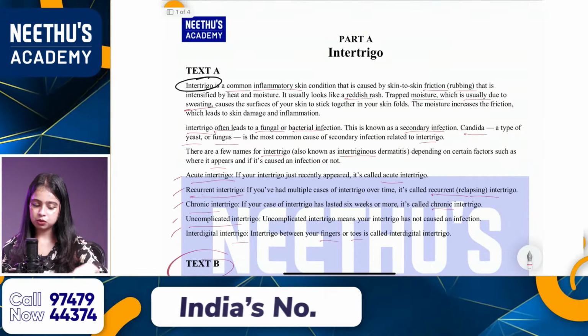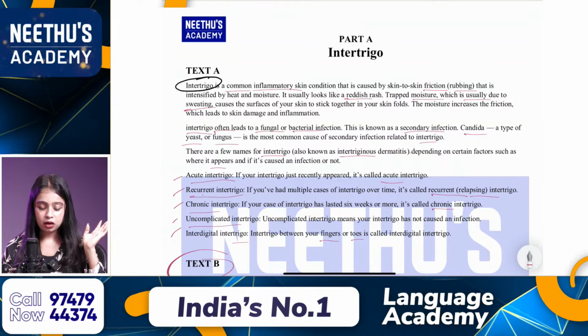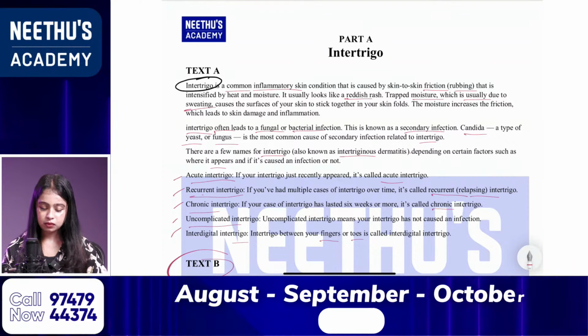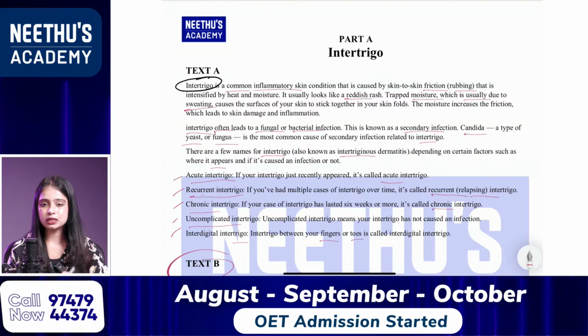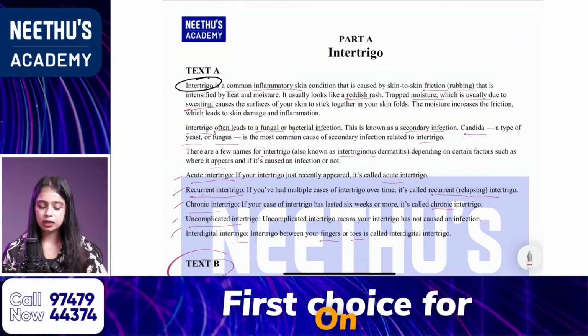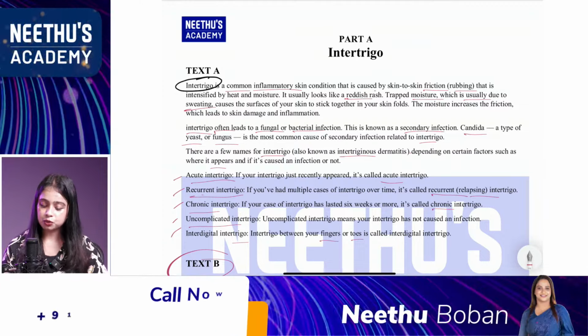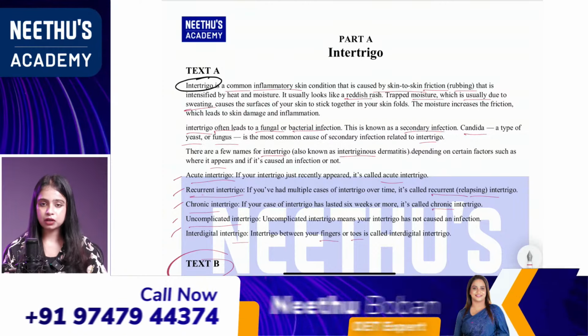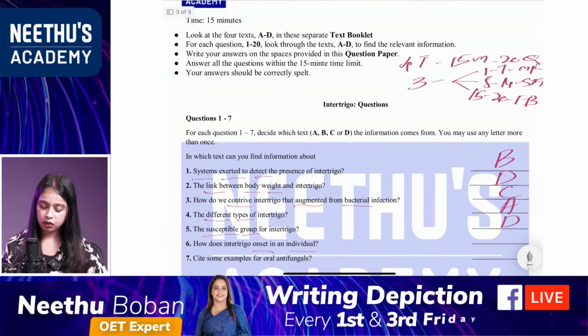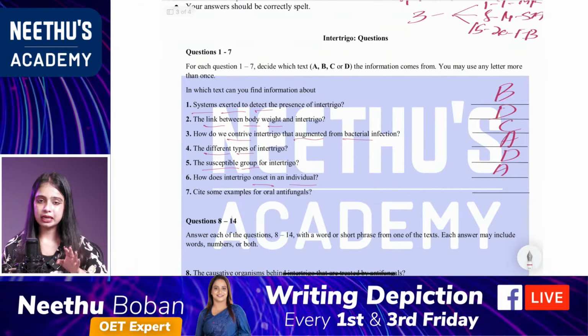I'm just moving to text A because you told me it's from text A. It's all about how it is starting. Intertrigo is a common inflammatory skin condition caused by skin to skin friction. So answer is A.